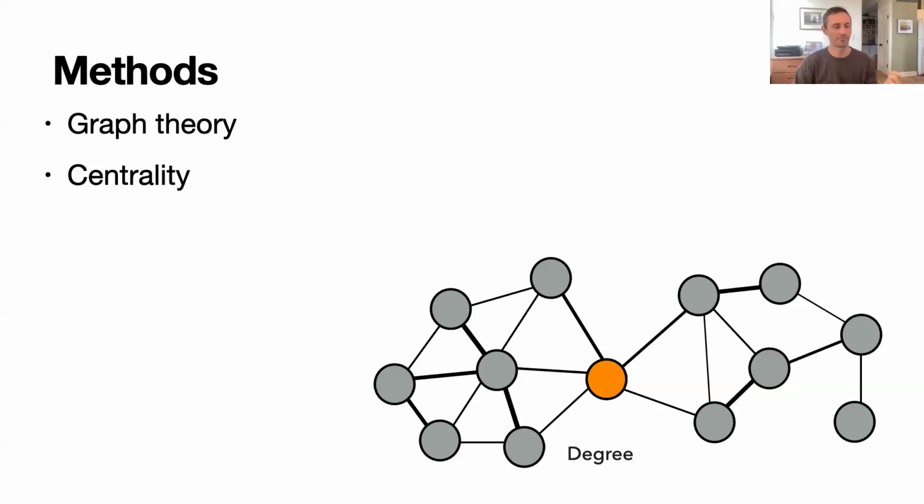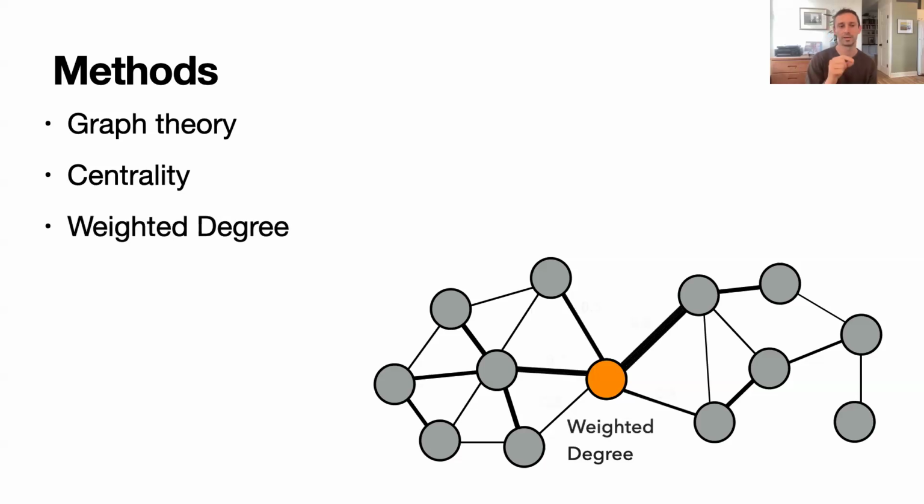One step up from degree would be weighted degree, where we sum the strength of connections between each voxel and the rest of the nodes in the network. This provides a slightly more fine-grained measure of centrality. In this study, we're looking at weighted degree to describe network connectivity associated with creative ability, or performance on the alternative uses task.